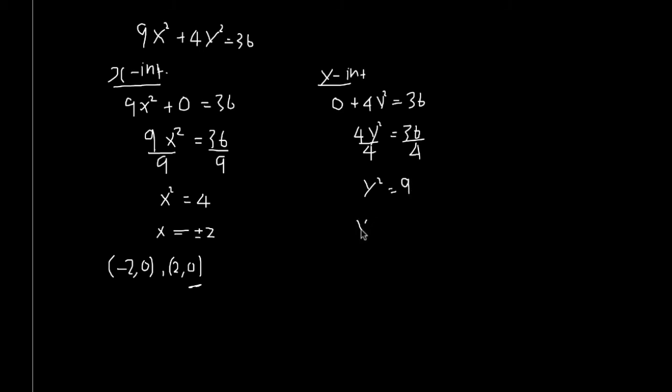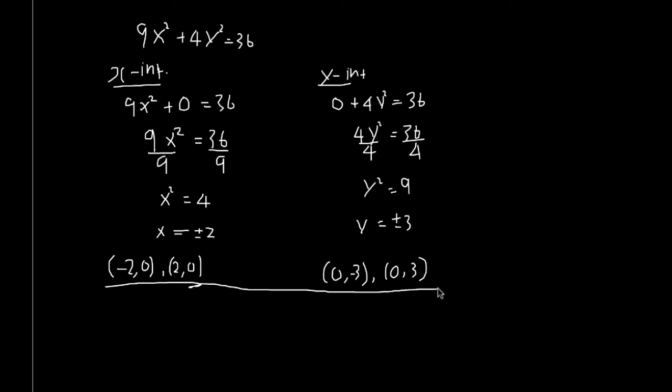Therefore, y equal plus or minus 3, 0 comma negative 3 and 0 comma positive 3. For this graph, we do have 4 intercepts: negative 2 comma 0, 2 comma 0, and 0 comma negative 3 and 0 comma 3.